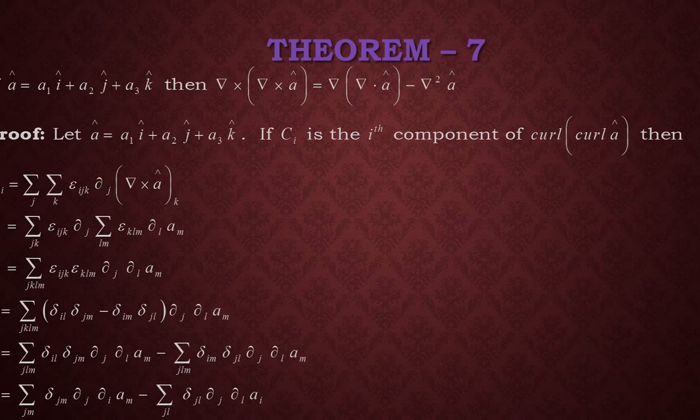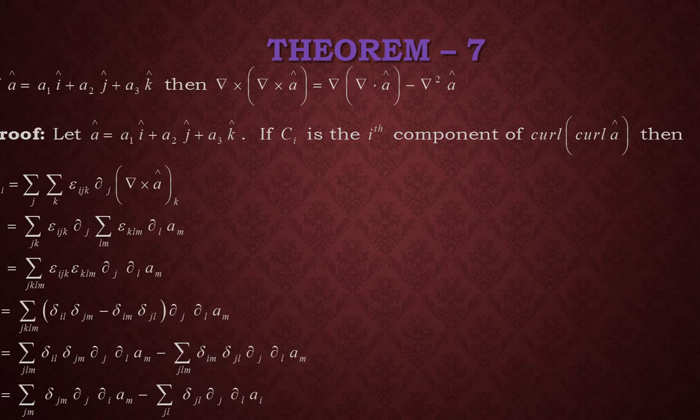If we substitute this formula, we obtain C_i equals summation over j, k, l, m of (delta_il delta_jm minus delta_im delta_jl) times ∂_j ∂_l a_m.